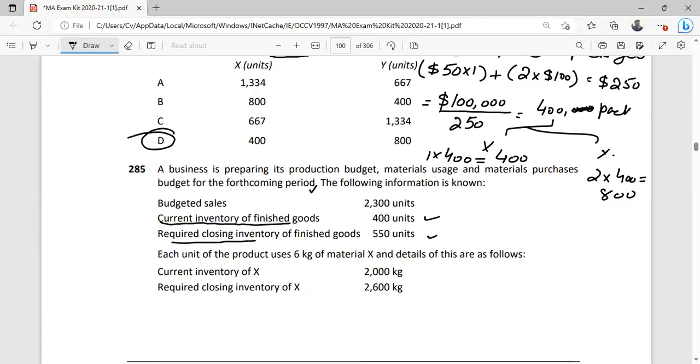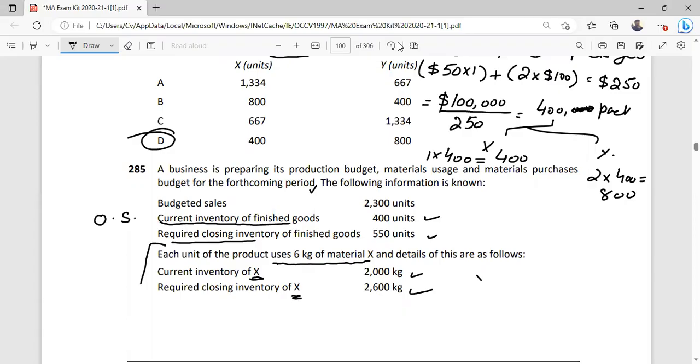So we can treat the current inventory as the opening stock or opening inventory. Each unit of the product uses 6 kg of material X. Current inventory of X is 2000, required closing inventory of X is 600, 2600.